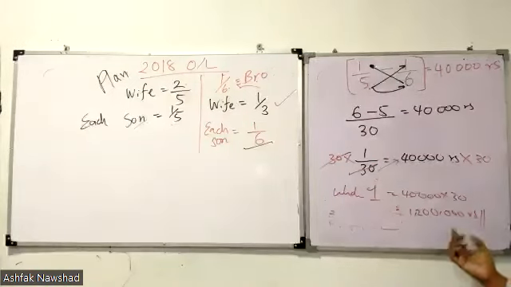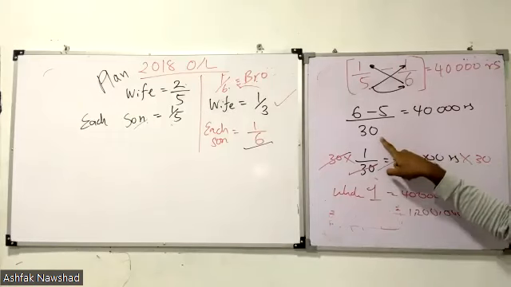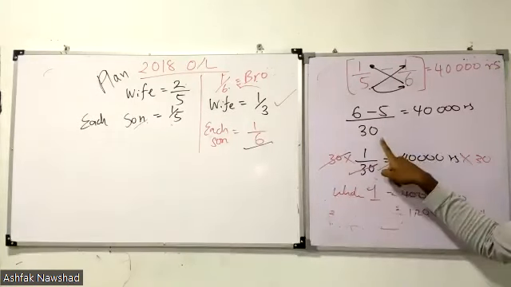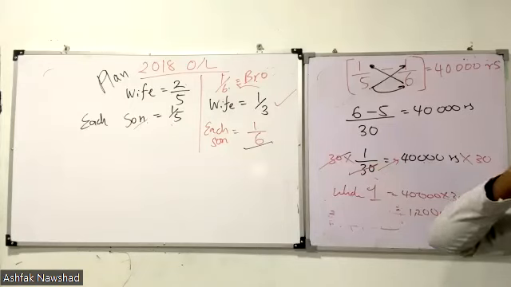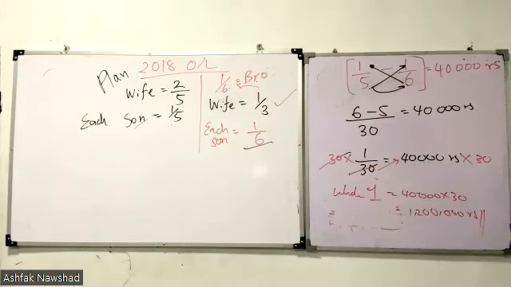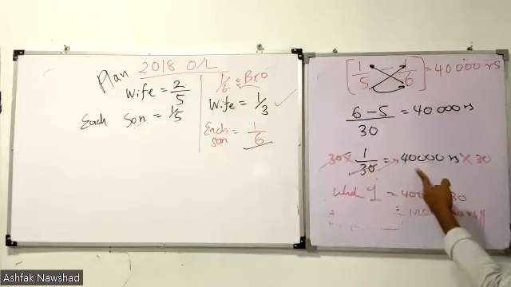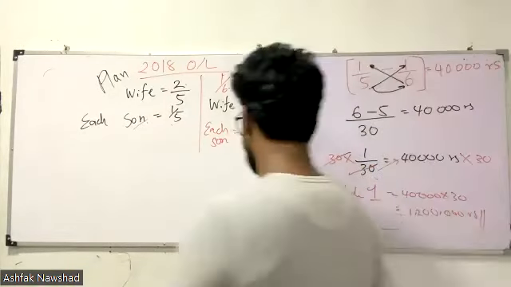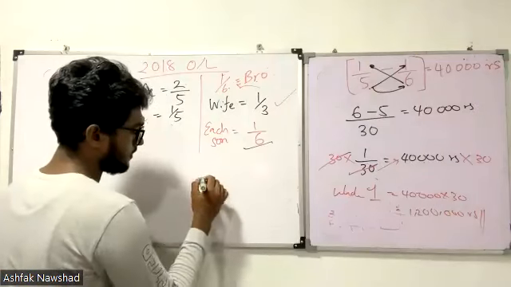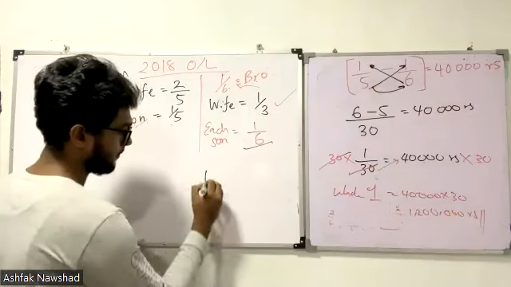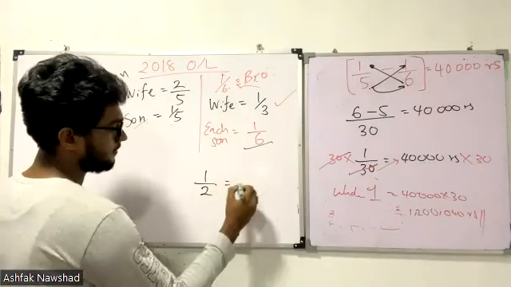Is this understood? Let me know if it's understood up to this point. So 1 over 30 is 40,000. For example, if I say I have some money, half of it is 50,000.